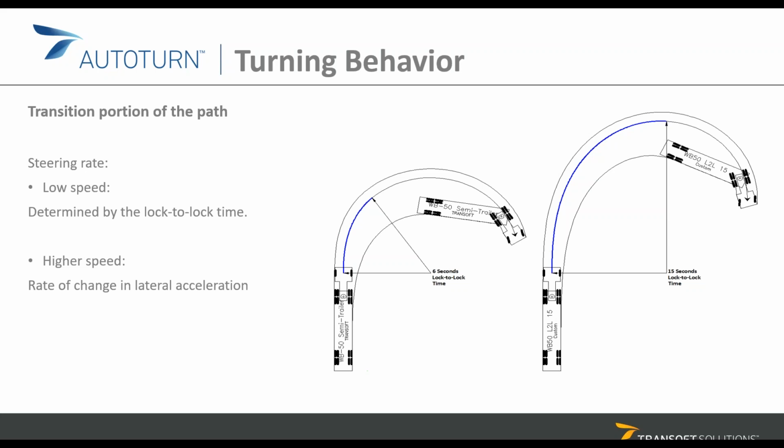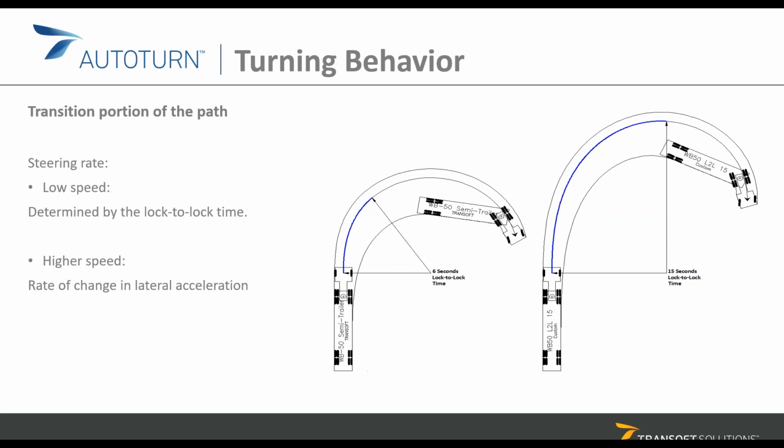The implication of the lock-to-lock time is that it'll make your transition portion longer or shorter depending on the time. With our default, you can see the first picture there is using a 6 second lock-to-lock time at a speed of 10 miles per hour. That's the turn you'll get.